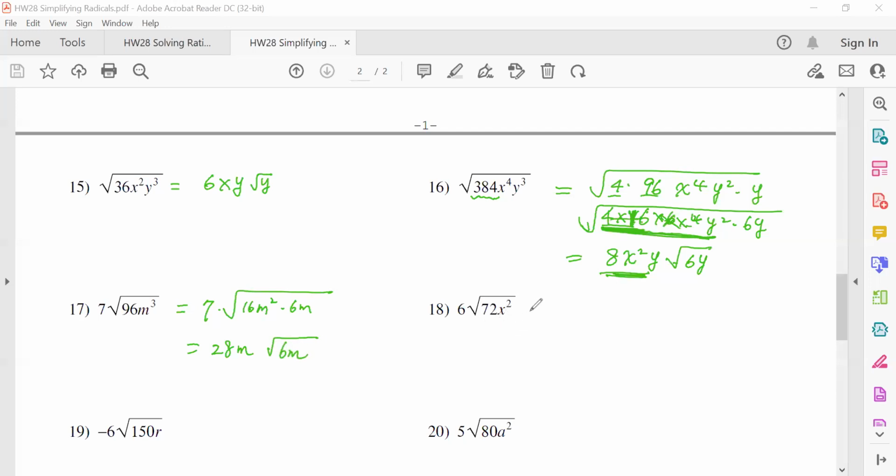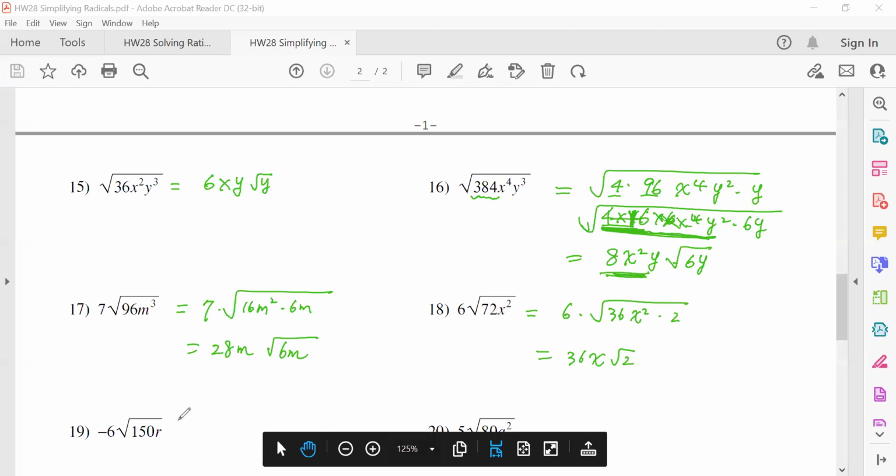What about this part? This part is 6. 72. 72 can break it down 9 times 8, or maybe different. 36 times 2. Right? So here became 6x. 6x, take it out, became 36x square root 2.